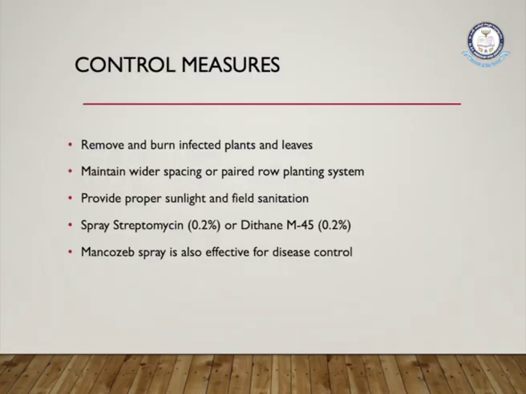Mostly you will spray streptomycin or Dithane M-45 at 0.2 percent concentration. You can also use fungicides like mancozeb for spraying, due to which the bacteria will die. So the first disease which you have studied is leaf blight. Second is mosaic disease. What do you know about mosaic disease?